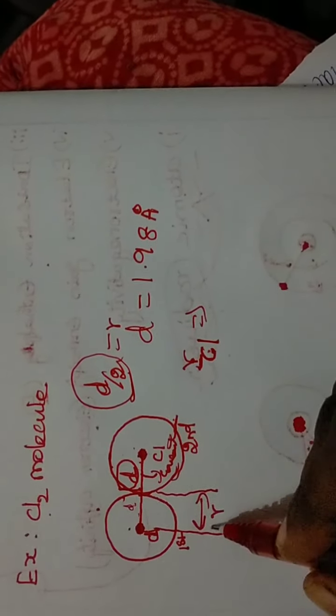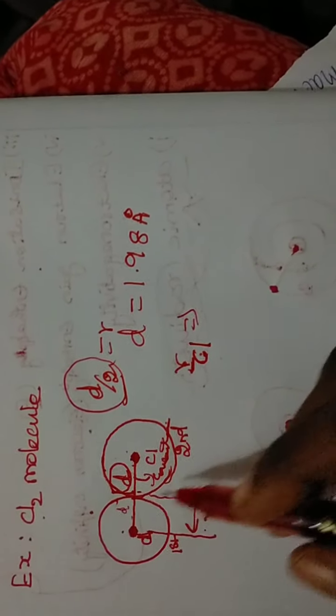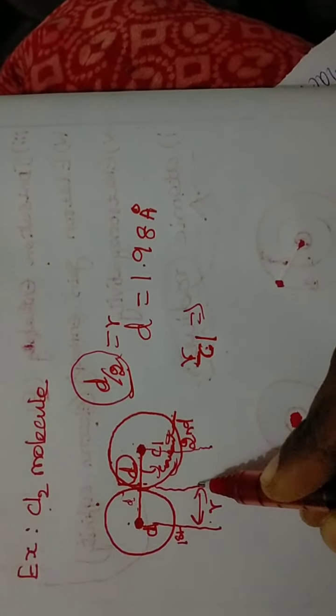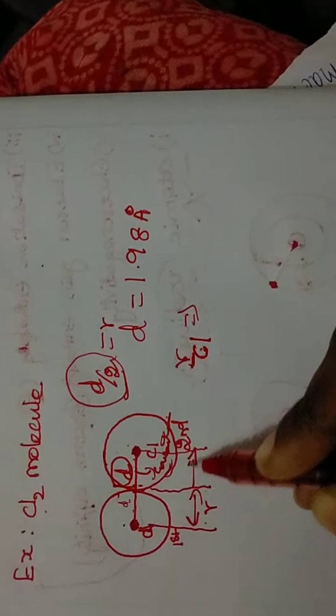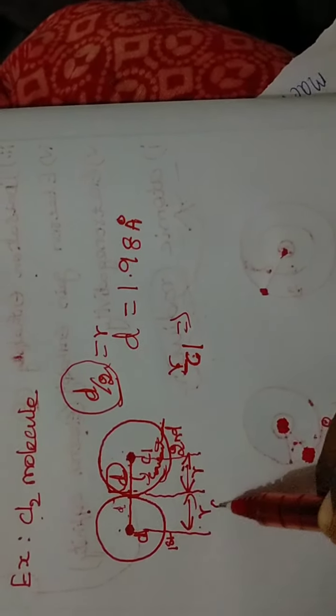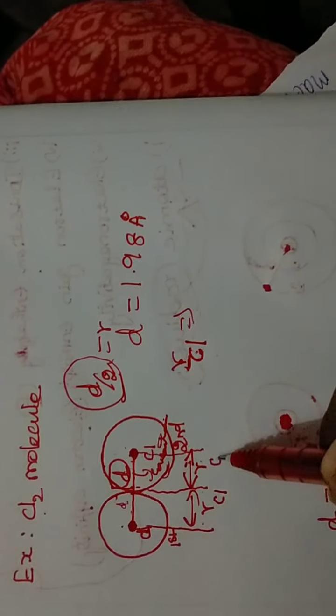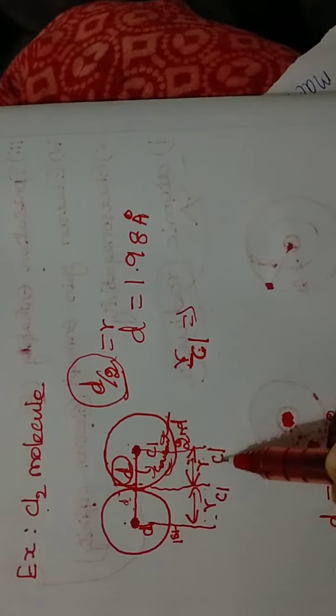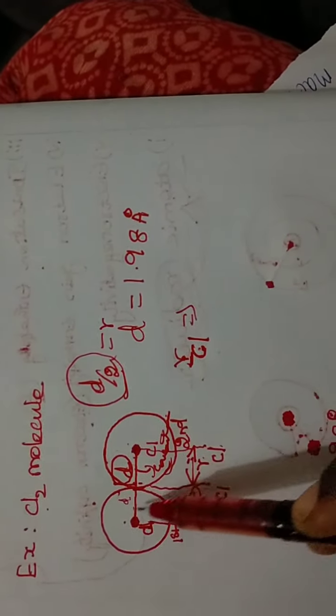So this is one R, and the distance from here to here is another R. The radius of the first chlorine and the radius of the second chlorine, if you add them together, you will get the D value of this chlorine molecule.